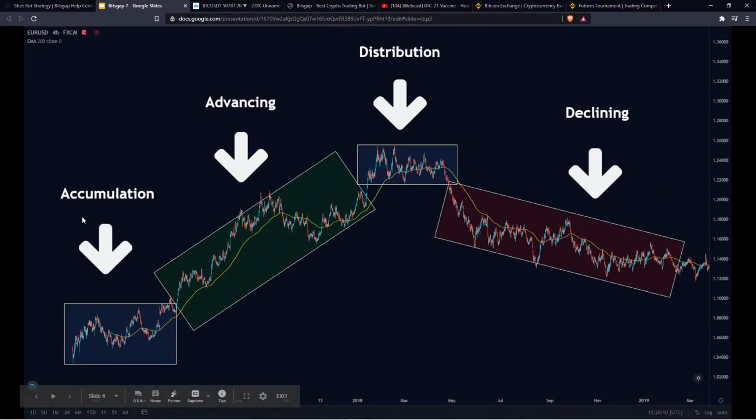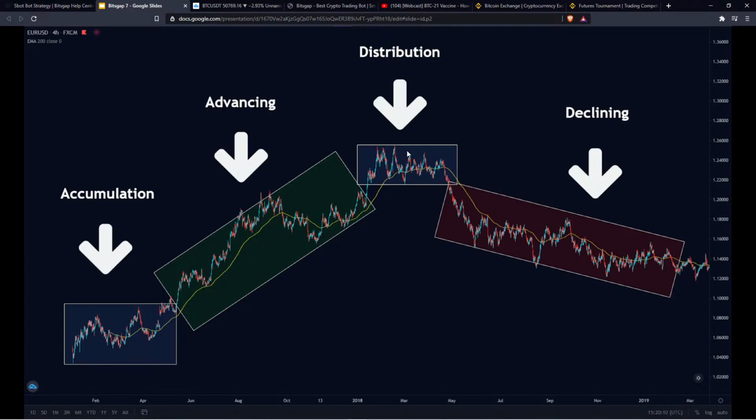You see, the accumulation phase is something that you can spot before the big rally, and the distribution phase is something that you can spot right after the big rally, because here basically traders are now fixing their returns.